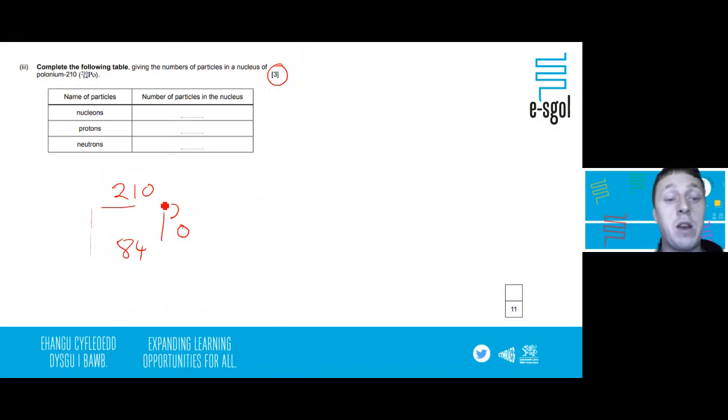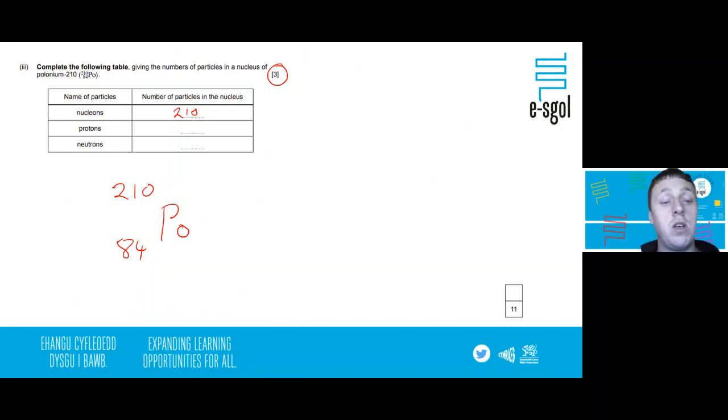So hopefully you remember that the number on top corresponds to the nucleon number, the total number of neutrons and protons inside that atom.